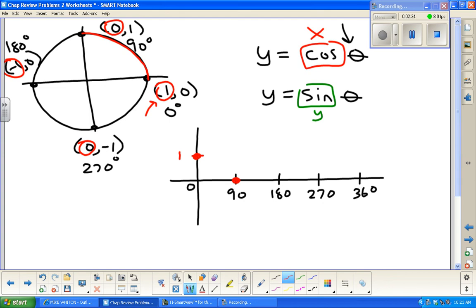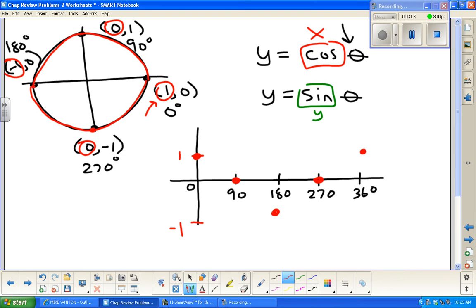And as you continue to work your way around, the x values are still getting smaller. The x coordinates are going to negative 1 by the time you get out to 180. Then we keep going past 180 degrees, and now the x values are getting a little bit bigger. They're coming back and back, and they finally get back to 0 at 270. And do the full circle, and they will come all the way back to where we started, up at 1.